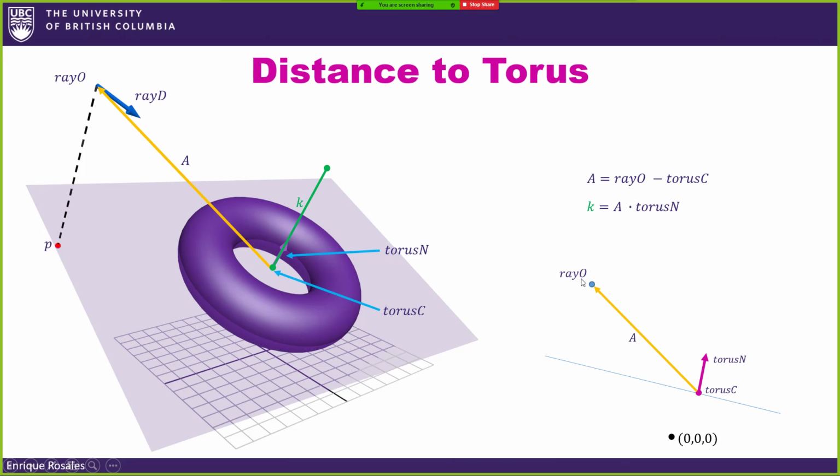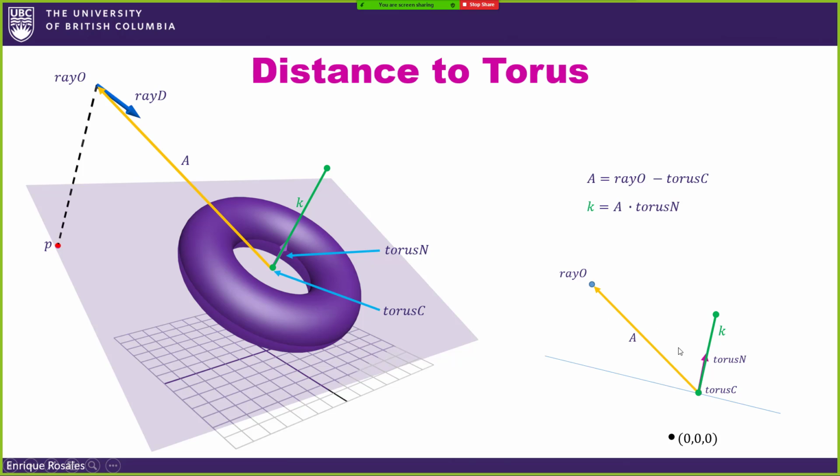This is the vector A. This is the origin of the ray. And this is the 0, 0, 0 of the world, because in the end the torus can be in any position. So this point represents the center of everything. Computing k is basically this: k is this distance, the projection of vector A onto the normal.